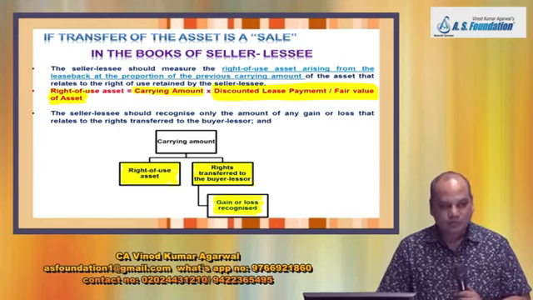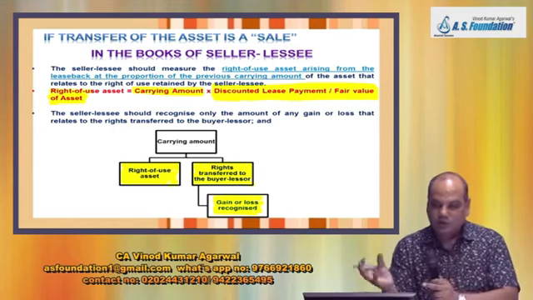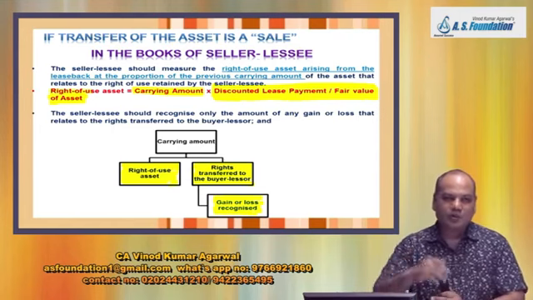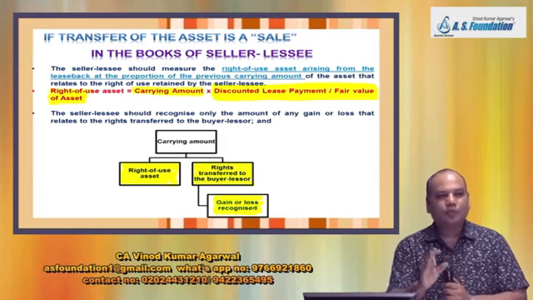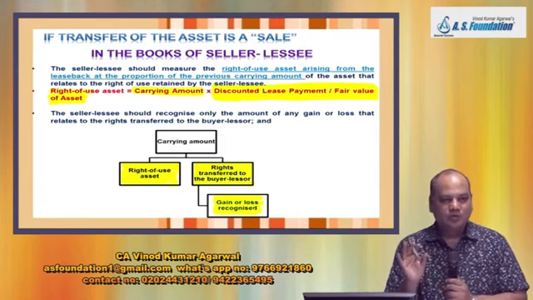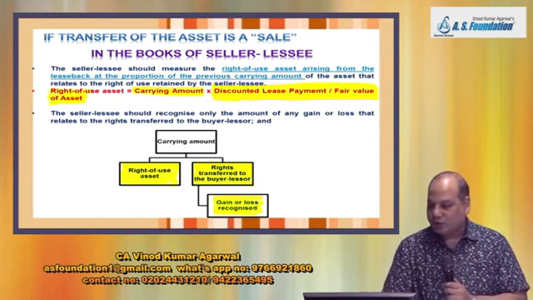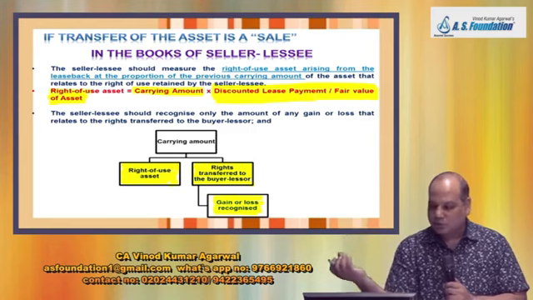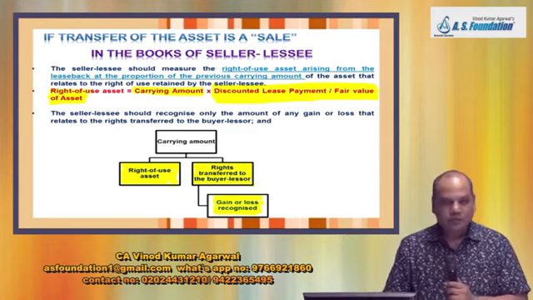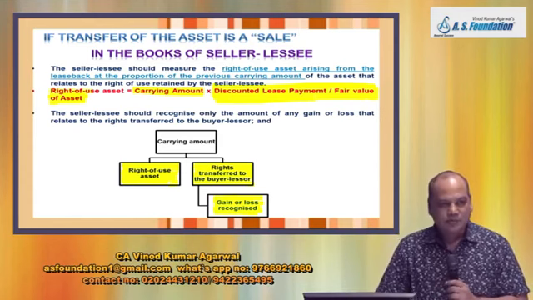First point is de-recognize the carrying amount of the asset. That is easy, whatever is carrying amount, credit, but that will be substituted by right of use asset equal to a proportion of the carrying amount. That is how much right we have retained in that asset. The right we have retained in the asset is a ratio of present value of lease payment upon fair value of the asset, which means the remaining right in that asset I have transferred.